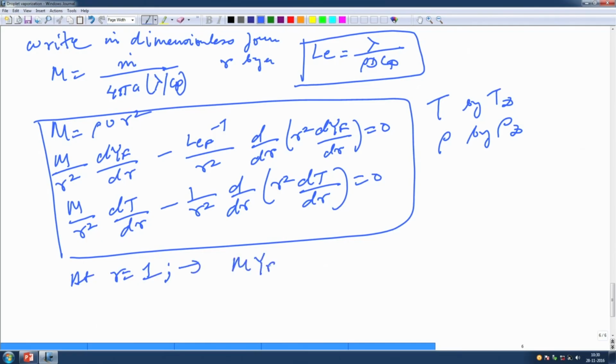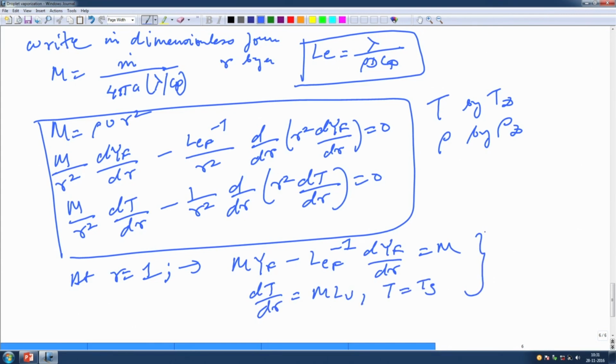The same boundary conditions now will translate to something like this. This is where the Lewis number comes in, as you can see, right, and dT by dr equal to m Lv, T equal to Ts, where your Lv is basically Qv divided by Cp T infinity.